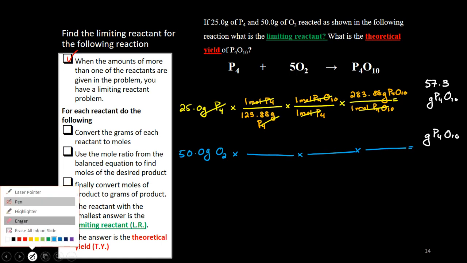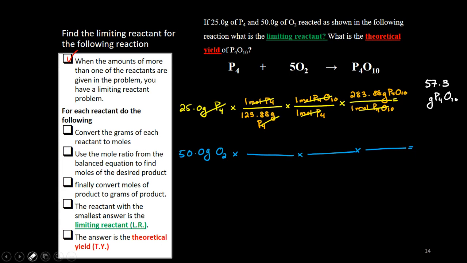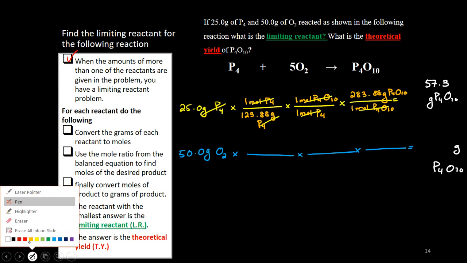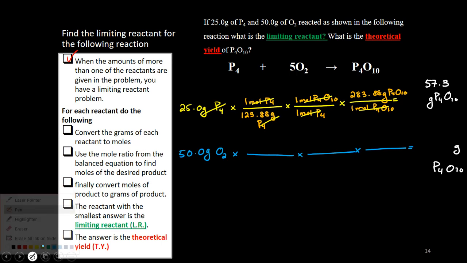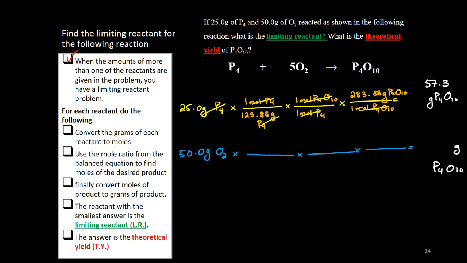So this is again a mass to mass conversion, just like the previous conversion. Let me use a darker blue. First we have to convert grams of oxygen to moles of oxygen. The molar mass of oxygen is 32 grams per mole.